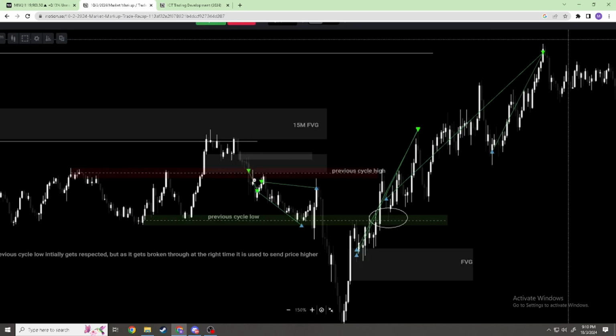So it starts delivering, and see how it comes back up, but respects the previous cycle high as support. I don't use support and resistance, but I'll use those terms to acknowledge that price is being delivered to the opposite direction. So it's supported. It reaches right to the tick at consequent encroachment and then goes down.